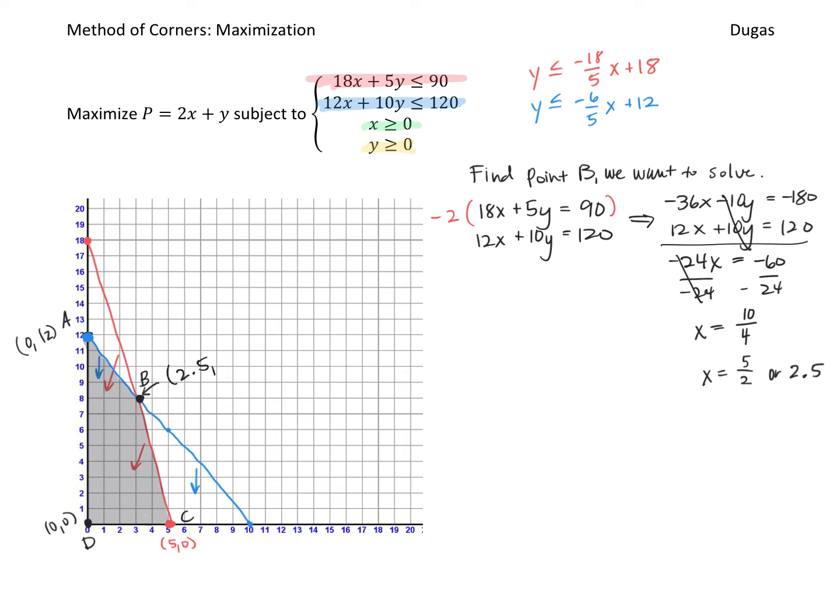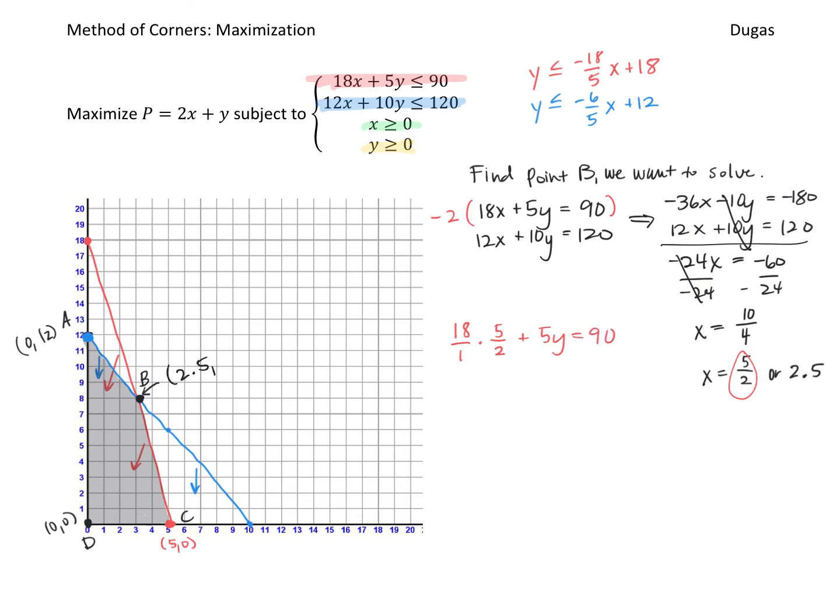And now I need to find the y value. So remember, to find the y value, you take the x value that you just found and plug it into one of the equations and then solve for y. So with 5 halves, I'm just going to plug it into the top equation. 18 times x, so 18 times 5 halves, plus 5y is equal to 90.